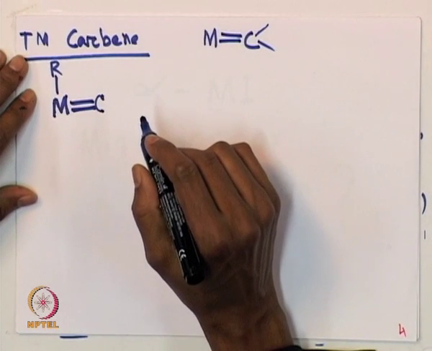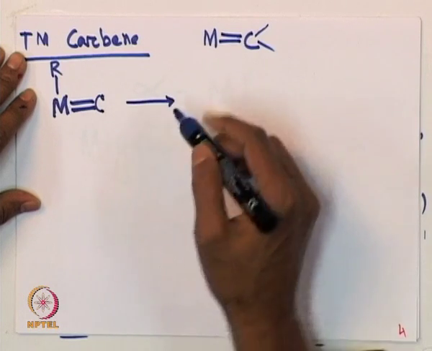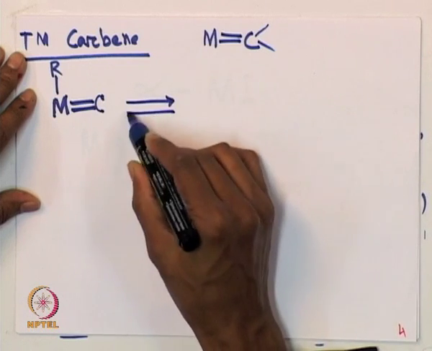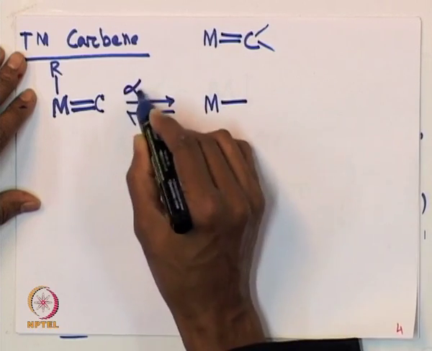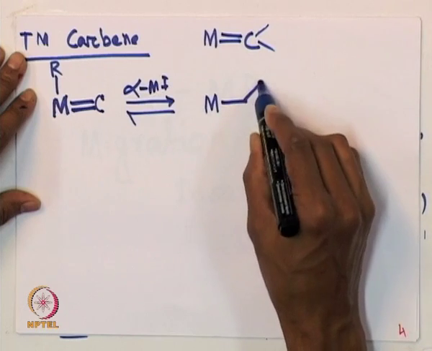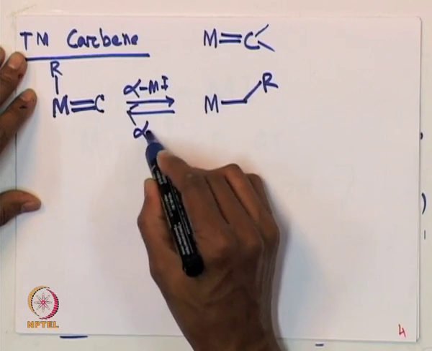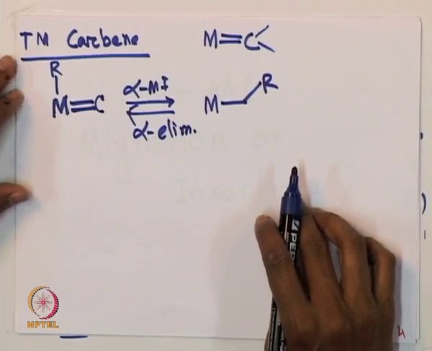Now, what was interesting is that, similar to what we have seen in the carbon monoxide case, we can have alpha migratory insertion and alpha elimination. After alpha migratory insertion, we can get the product MR. If it is the reverse of it, we will get alpha elimination. Now, of course, there is a way to figure out what is migrating in these cases as well, whether it is migration or insertion, that is one question.